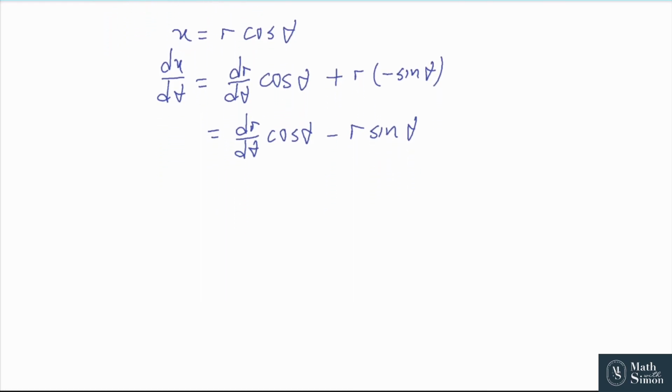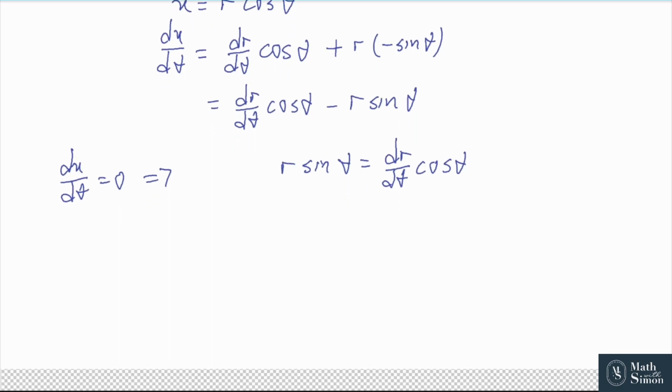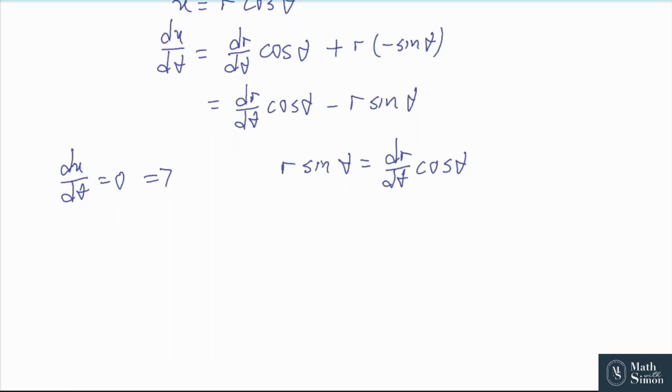In a later process, we need to use dx d theta equal to 0. That means we are working with r sine theta equals dr d theta cos theta. The next step is very important: we multiply the whole equation by r.